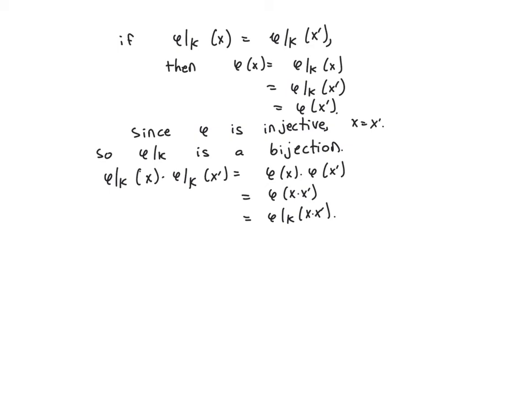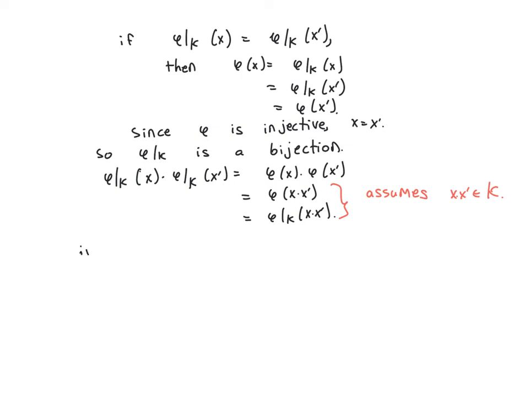And then you could say this map preserves products. There's just one little gap here. This step right here is assuming that x times x prime is an element in K. But we're okay there because K was assumed to be a subgroup of the domain. So phi is a homomorphism.